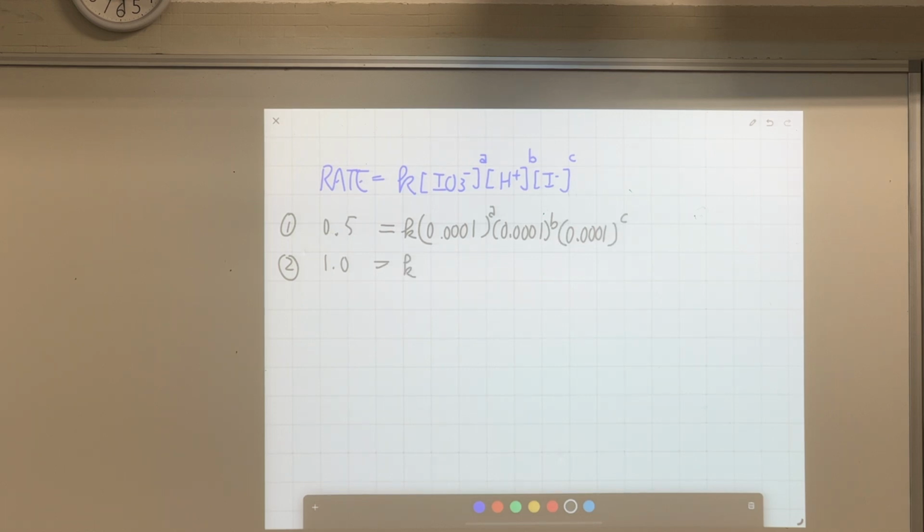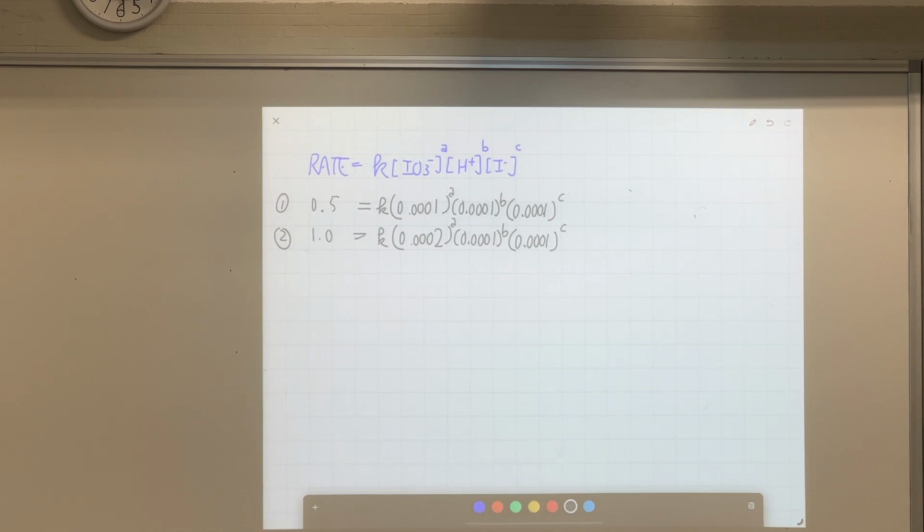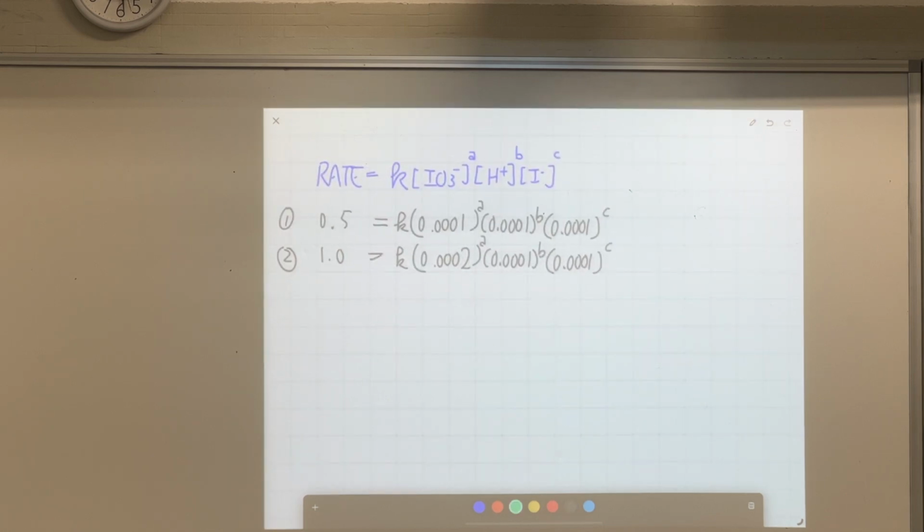And what would the second equation become? Everything unchanged except the first one, right? So which unknown can I solve by dividing these 2 equations? A. Yes. So can you solve for a? You can ignore the other ones.